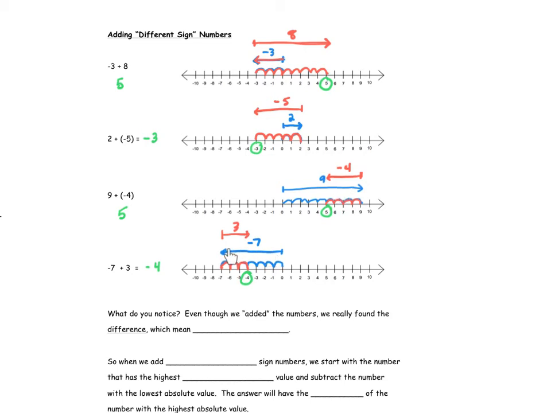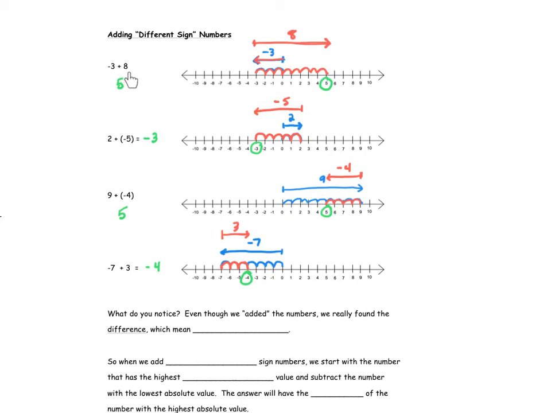My longest vector here was -7, and my answer was negative. So I think this all ties together. In fact, it does. The number with the highest absolute value in all of these examples, the longest vector, whatever sign it is, that's the sign of my answer.